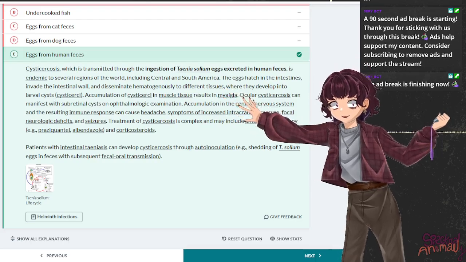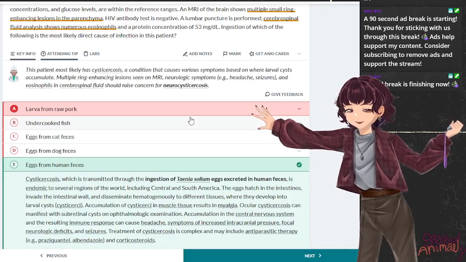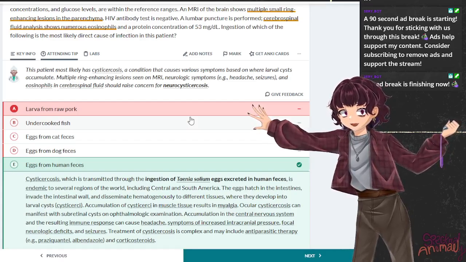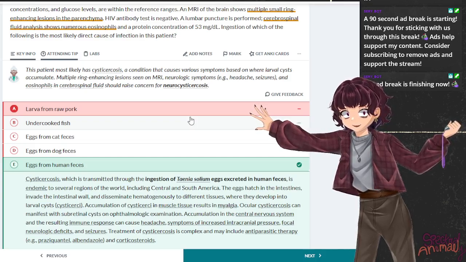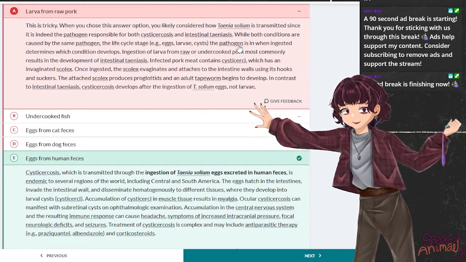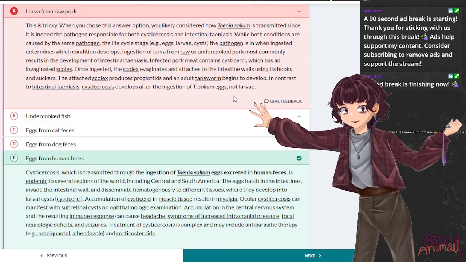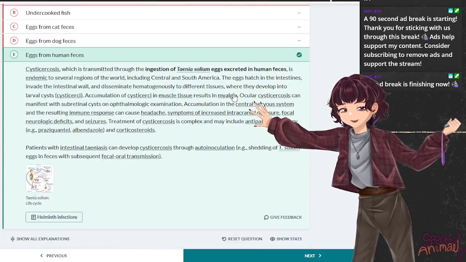This question is my 13th reason. What do you mean? I was right. It was Taenia solium. Fuck you. It was Taenia solium, which you get from raw pork. No. Oh my god.